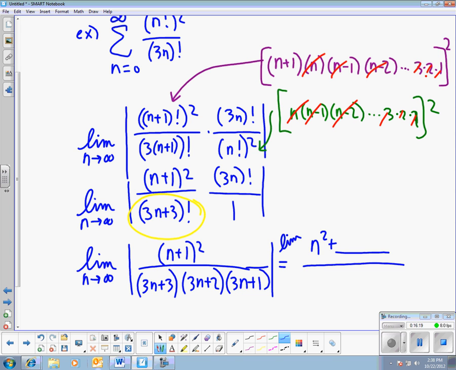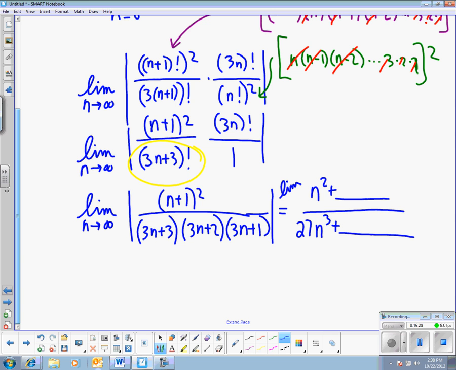And it's going to be 3n times 3n times 3n, which is 27 n cubed, plus a bunch of other stuff. All right, I don't need you to multiply all that stuff out to know that the top is squared and the bottom is cubed. And the limit, if the top is squared and the bottom is cubed, is 0.